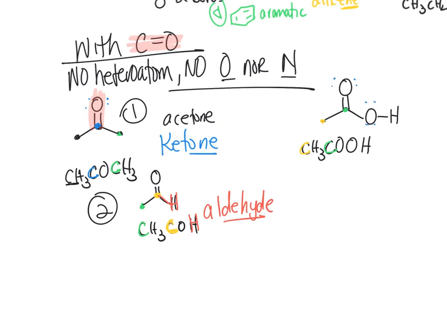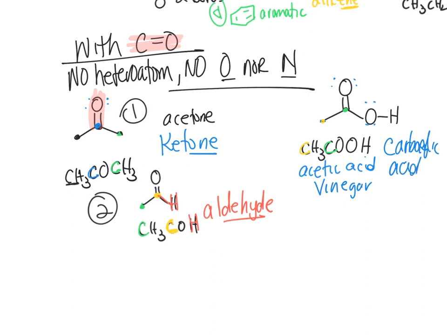This, with the two carbons, is called acetic acid, and it is the main ingredient, the active ingredient that is in vinegar. So this is in vinegar, and this is called a carboxylic acid.